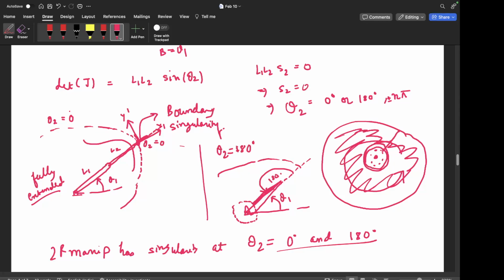By that you mean theta 1 is independent. That's why we are telling, because theta 1 has no effect on the Jacobian determinant. Is that why you said it has lost degrees of freedom?